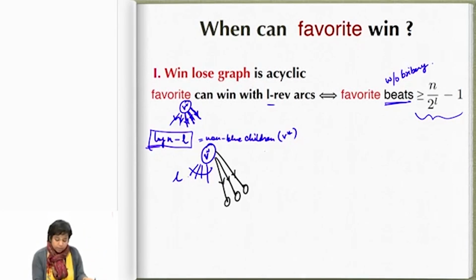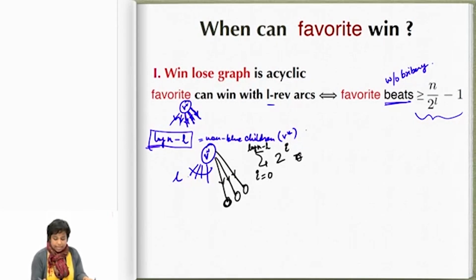So if I look at all those children that do not have a blue arc incident on them, and sum up their size, in the worst case, this is a very pessimistic count.